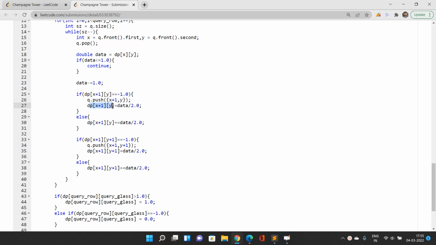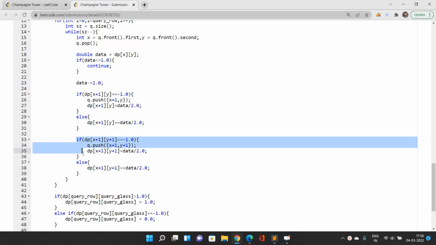So we are going to fill this value with data divided by 2.0, because the glasses that are present directly below the current glass in the layer below it will be filled with an equal amount of the water that is being overflowed. So data contains the water being overflowed, data divided by 2.0 will be the water going to the left glass in the layer below it, and again this one is also going to do the same thing, data divided by 2.0.